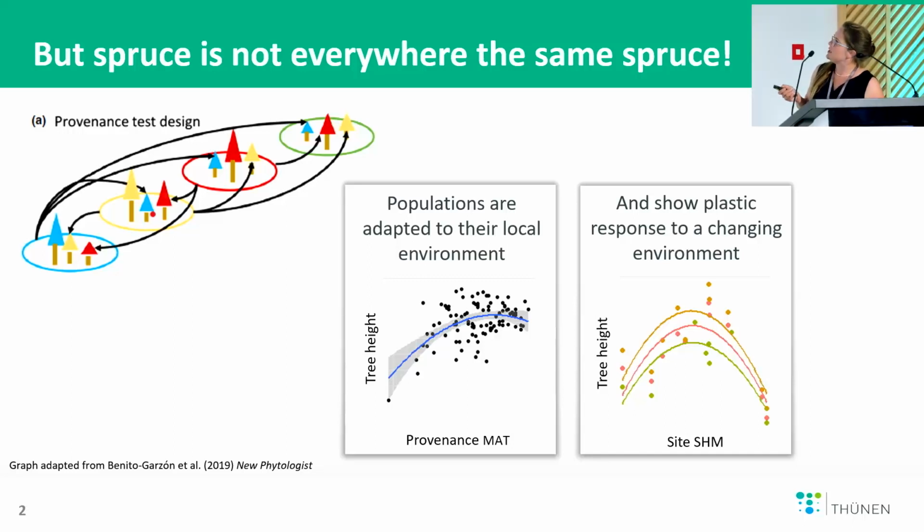This is what you see here in this graph, which shows how 100 populations of Norway spruce reacted in a similar environment, based on the mean annual temperature of their provenance. Those from warmer temperatures had better growth than those from colder temperatures. And further, they show plastic responses: grown in different environments, they show a different growth response.